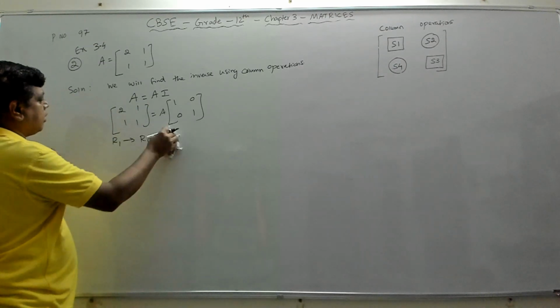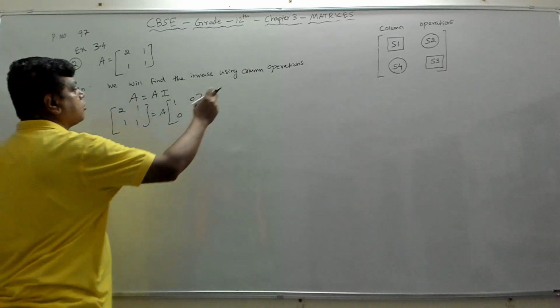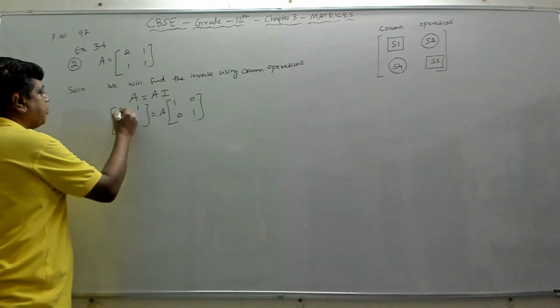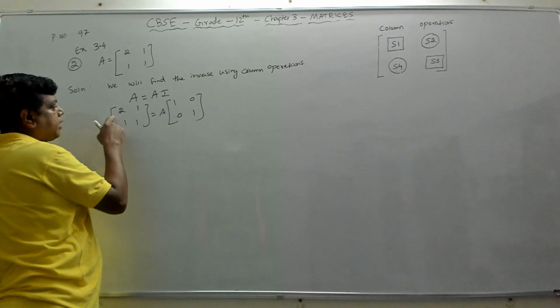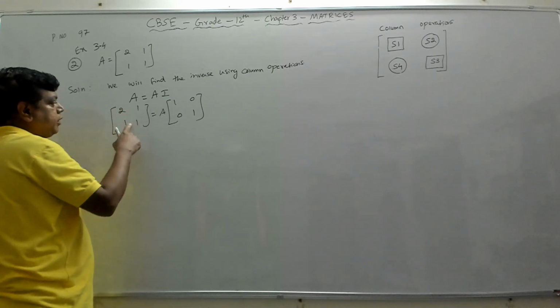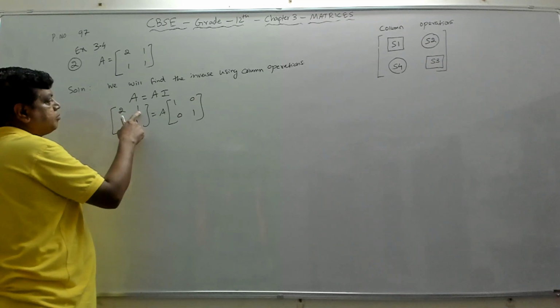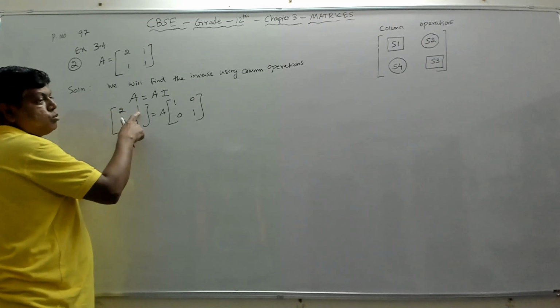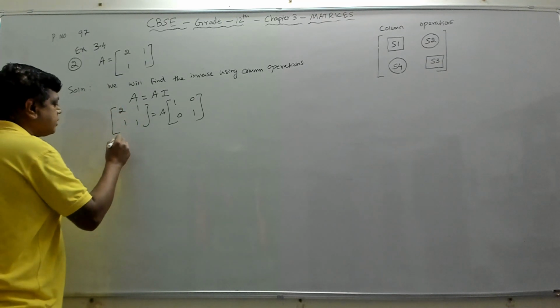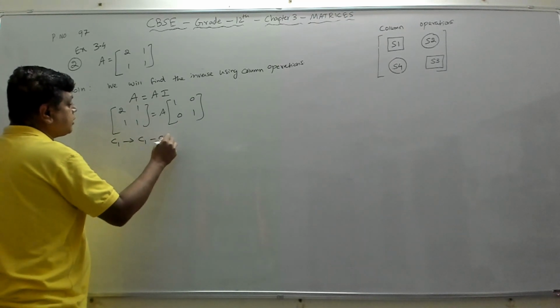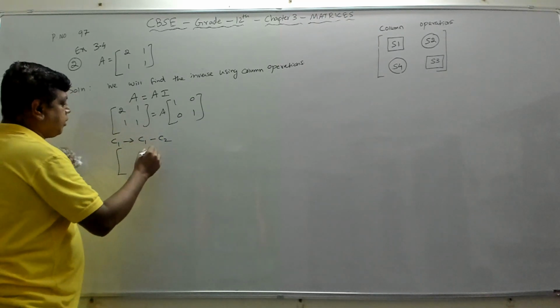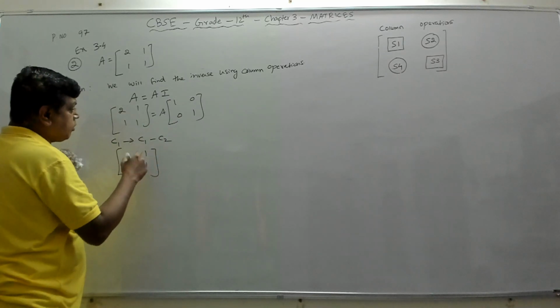Oh, sorry. I'm going to use the column operation, right? So how do we do it? Make this 1 using column operations. Either I can divide this entire column by 2, or I can use this minus this. C1 minus C2 will give me 1 here. So I can say C1 implies C1 minus C2. If I do that, my column 2 has no change. Always write the one which doesn't change.